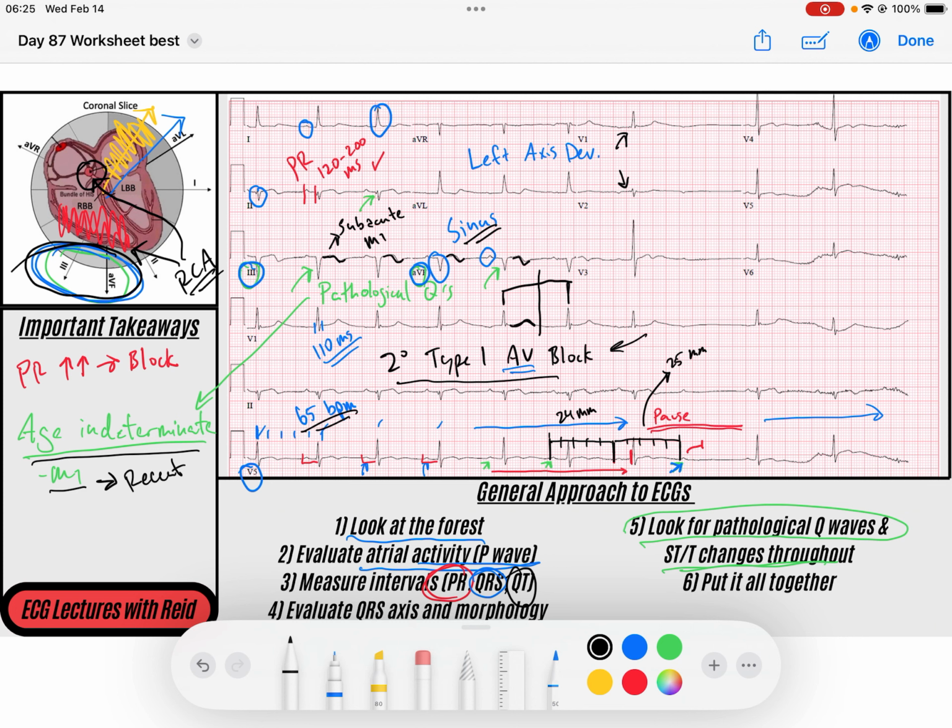We've got pathological Q waves and subacute ST-T wave changes that make me think that this has been a recent insult to the inferior myocardium, which might also explain why our axis is deviated away from that region and towards the left. Right? If this inferior wall is damaged, then we're going to have signal going away from that towards the lateral wall.